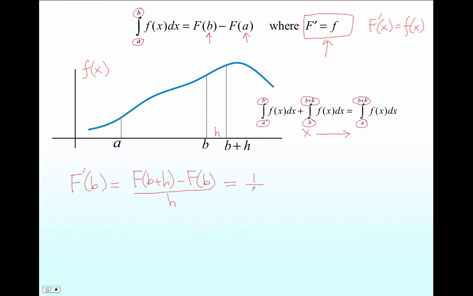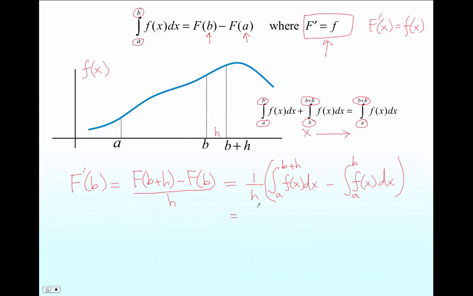But now let's put in what this is. This is 1 over h, and we have integral a to b plus h, f of x dx, minus integral a to b. So the upper limit here is different. It's b instead of b plus h. Okay, now I can switch this a and put it up over here and take b down, but then I will have to change the sign over here.